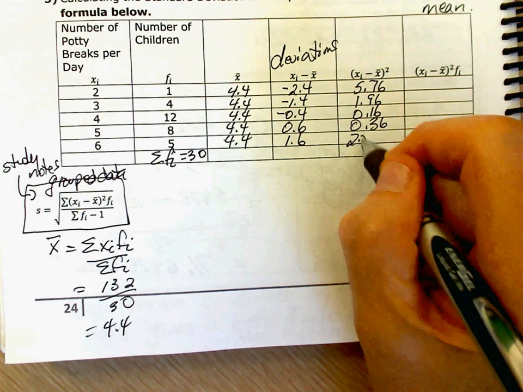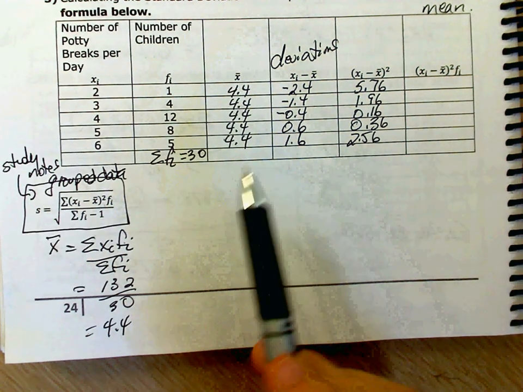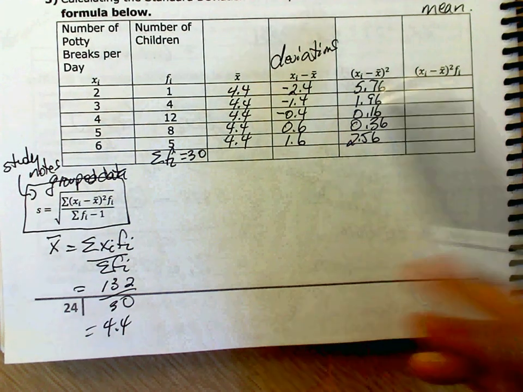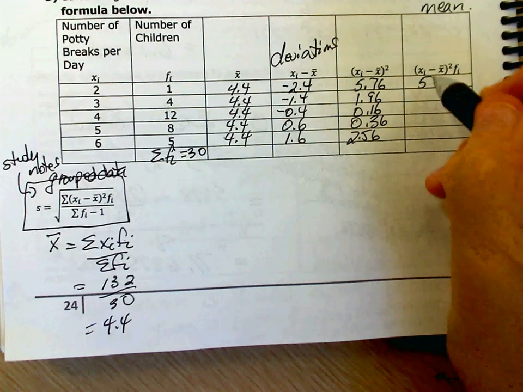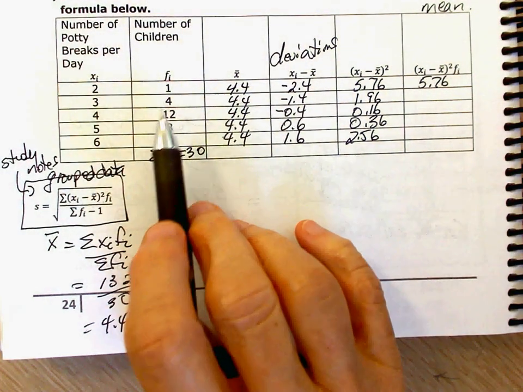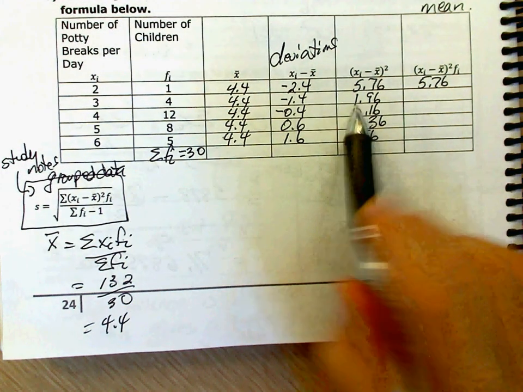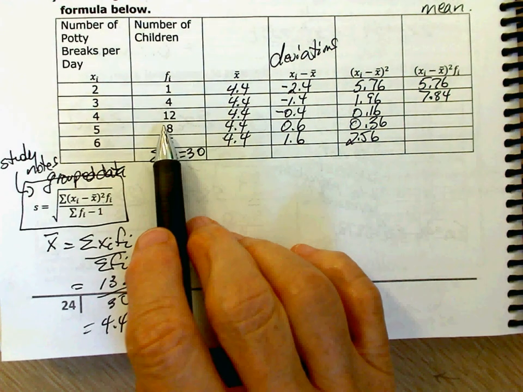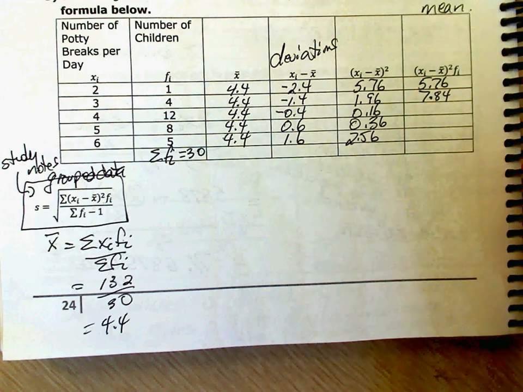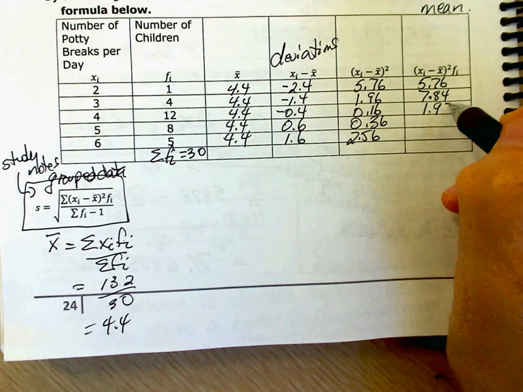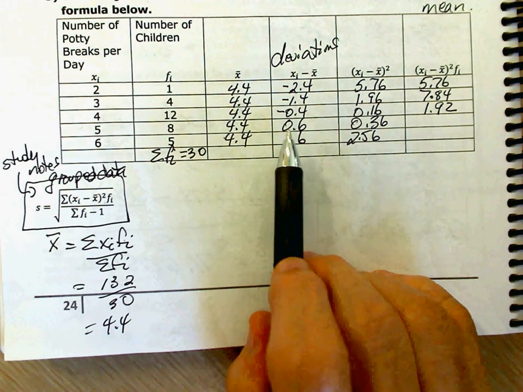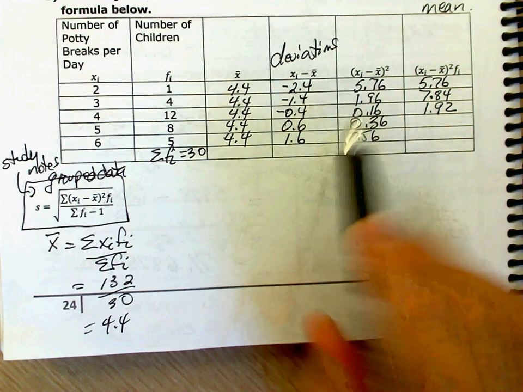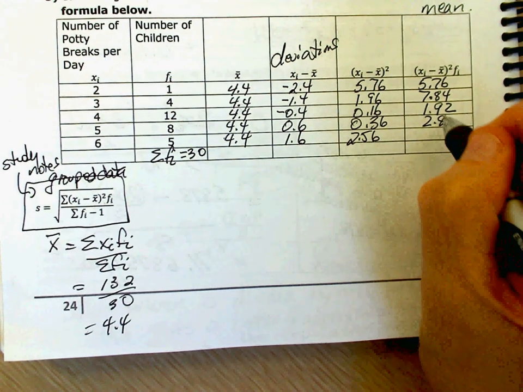So 1 times 5.76 is 5.76. 4 times 1.96 is 7.84. 12 times 0.16 is 1.92. 8 times 0.36 is 2.88. 5 times 2.56 is 12.8.